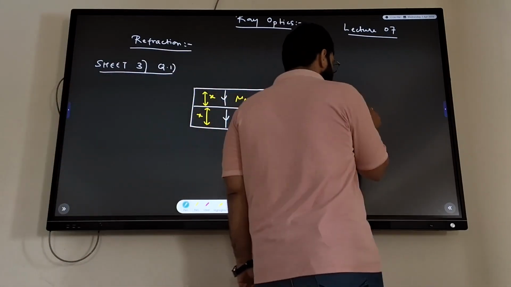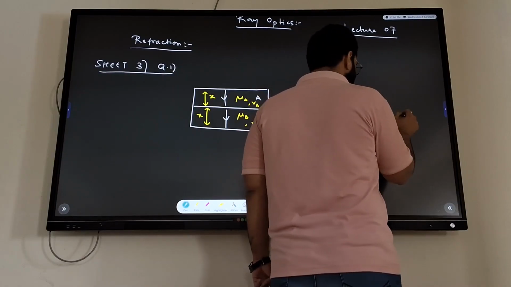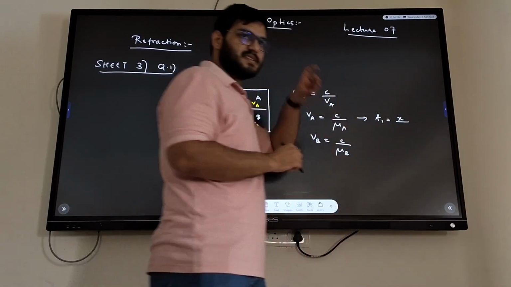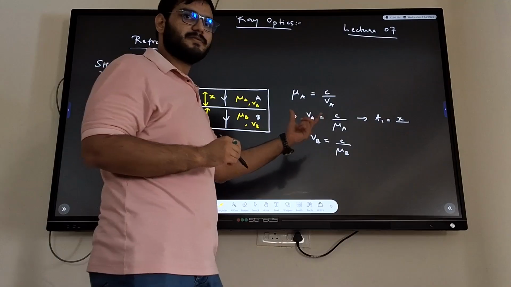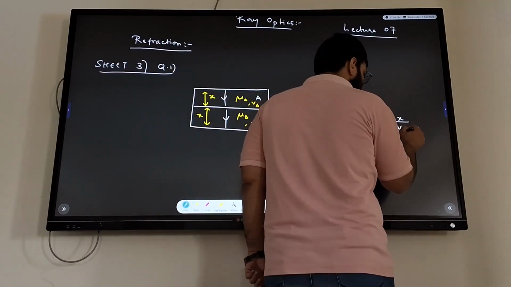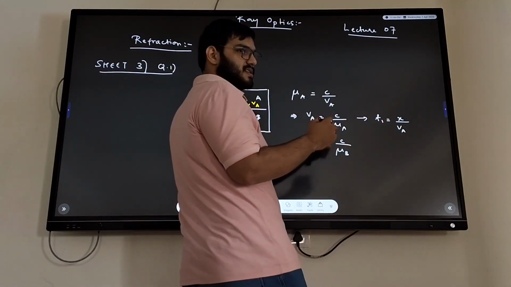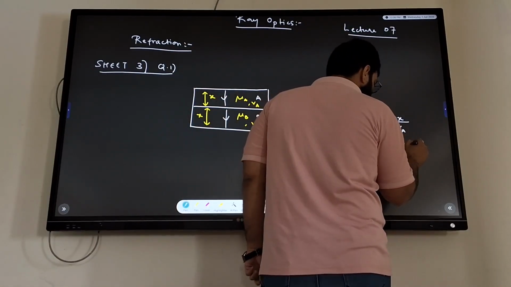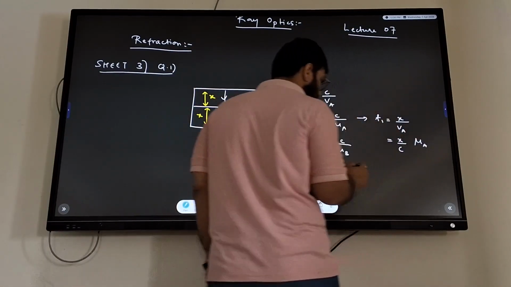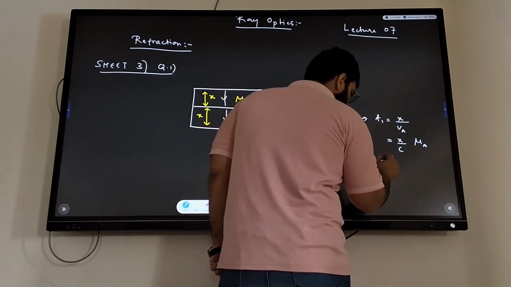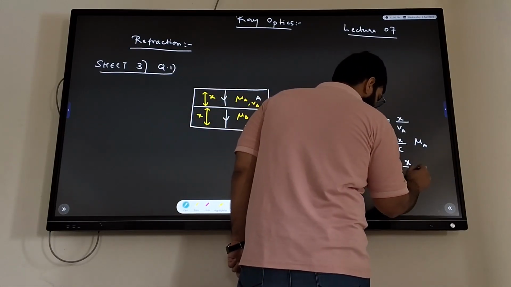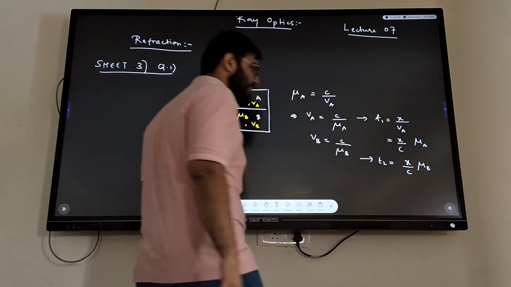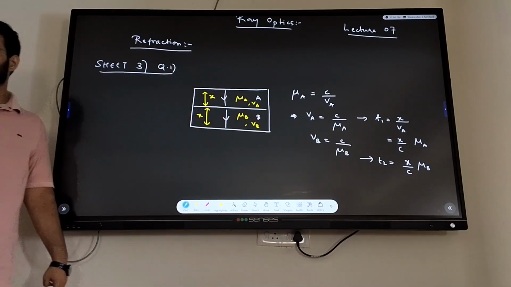Then what is time? T1 is distance, that is x, covered at speed VA. What is VA? C by mu A. If I take the reciprocal, T1 is x by C into mu A. Likewise, T2 is x by C into mu B. I have two equations, T1 and T2.